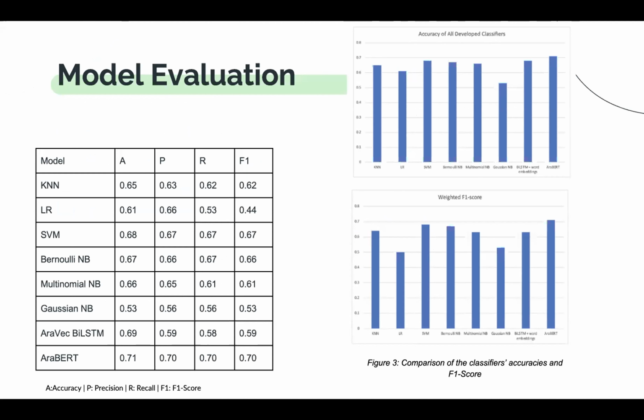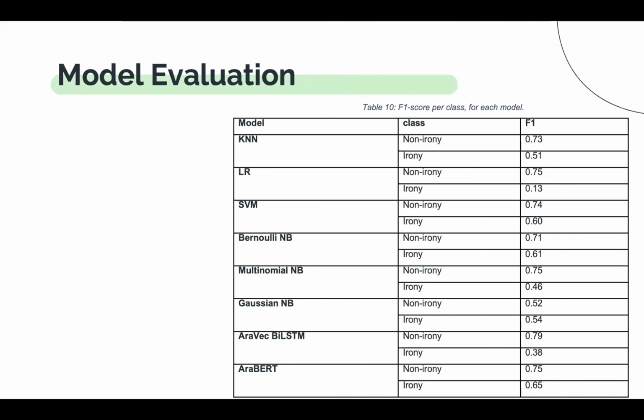We compared different models, and as we can see, the AraBERT model achieved the best accuracy. Since our data is unbalanced, we use the F-score to measure these results, and as you can see, AraBERT achieved the best score. Also here, we can see the F1 score per class for each model.